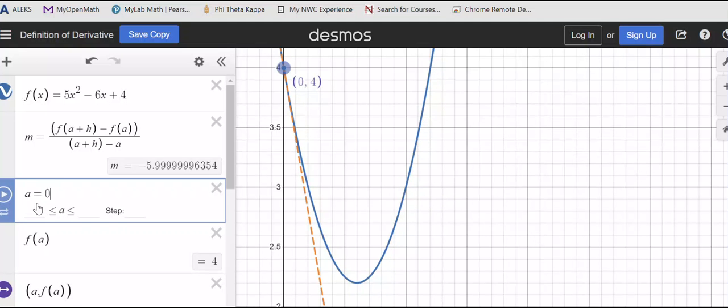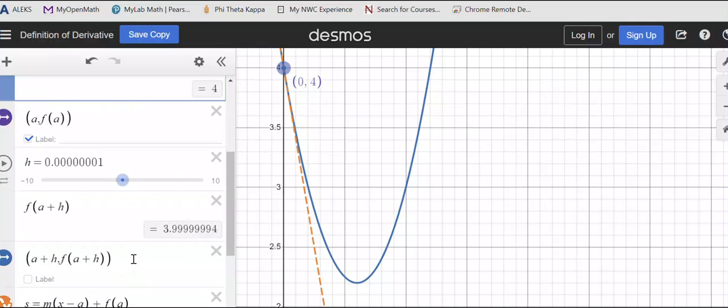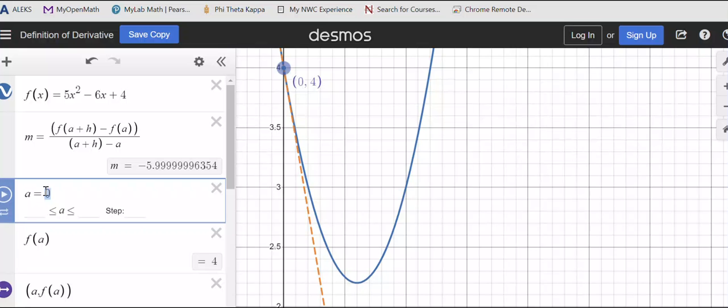So if I put in 0, and this one's doing 2 points technically infinitely close together, you can't put them on top of each other in this calculator, so we'll be a little smarter than the calculator here. It says negative 5.99999. I think that's calculator speak for negative 6, right? They have to approximate this too. You can take the exact derivative in these, but this tool is set up to just do a slope, so it's still got 2 points that are really close together to make it work.